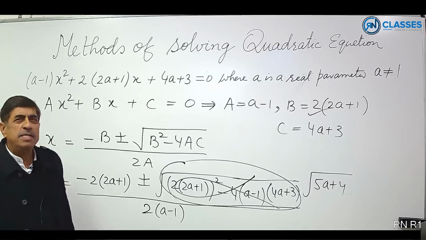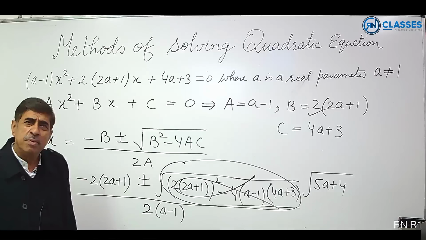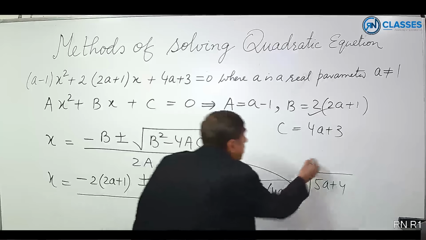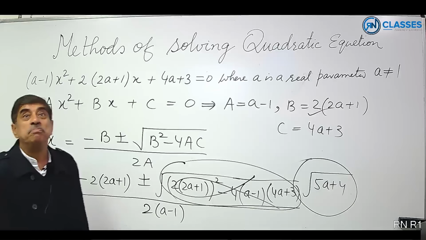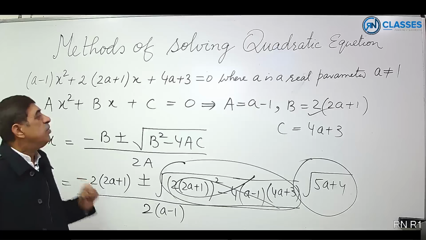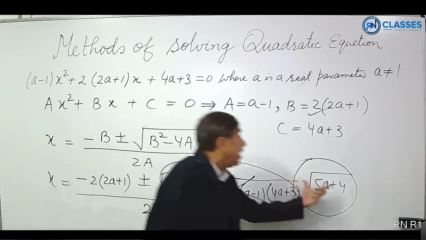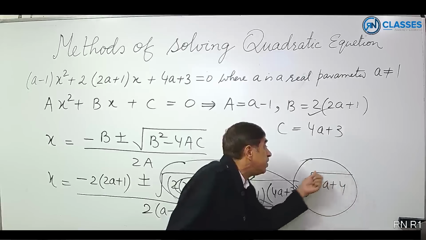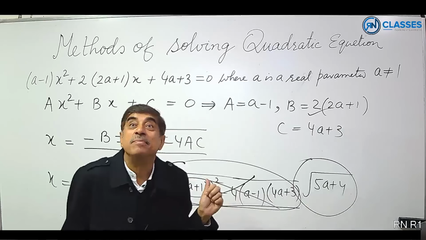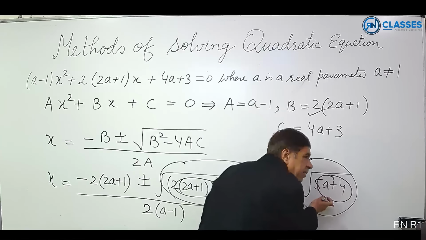Now the question arises, in class 10th board, the roots are real. Can this quantity be always real? Answer is no. Okay. So tell me when this quantity will be real. When 5a plus 4 whole square root will be a real quantity, the quantity inside the square root should be greater than or equal to 0.